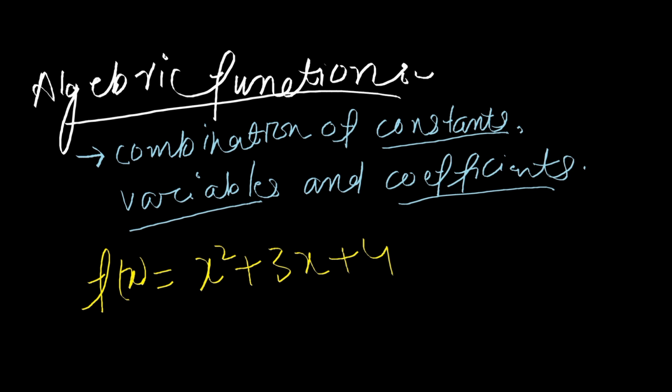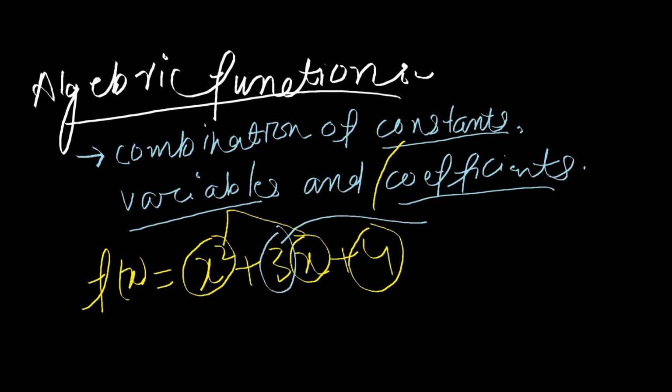We made the composition of functions which were algebraic. As you can see, this is the constant, these both are the variables, and this 3 is the coefficient. So it makes an algebraic function.